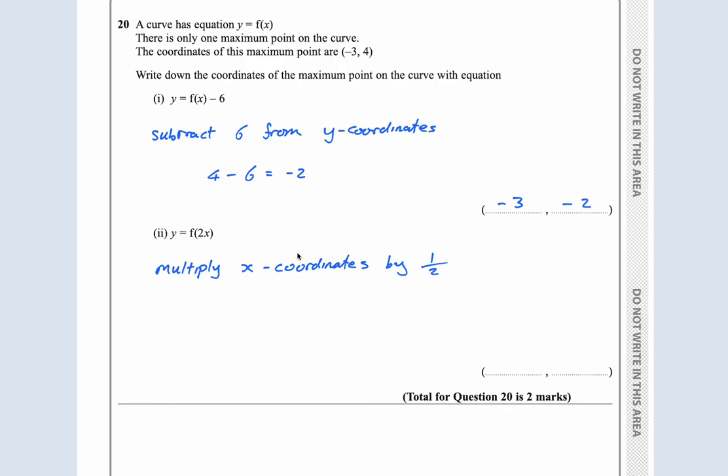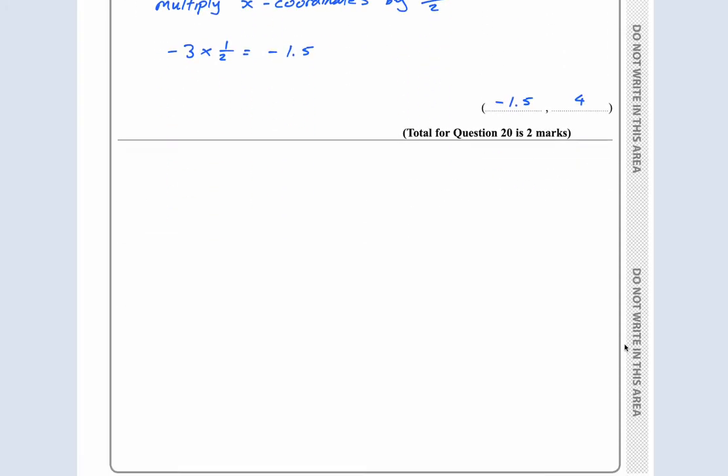It's not by 2, it's by 1/2. So -3 times 1/2 is equal to minus 1.5. So this is minus 1.5 and this is 4. Okay, that's it. Only 2 marks.